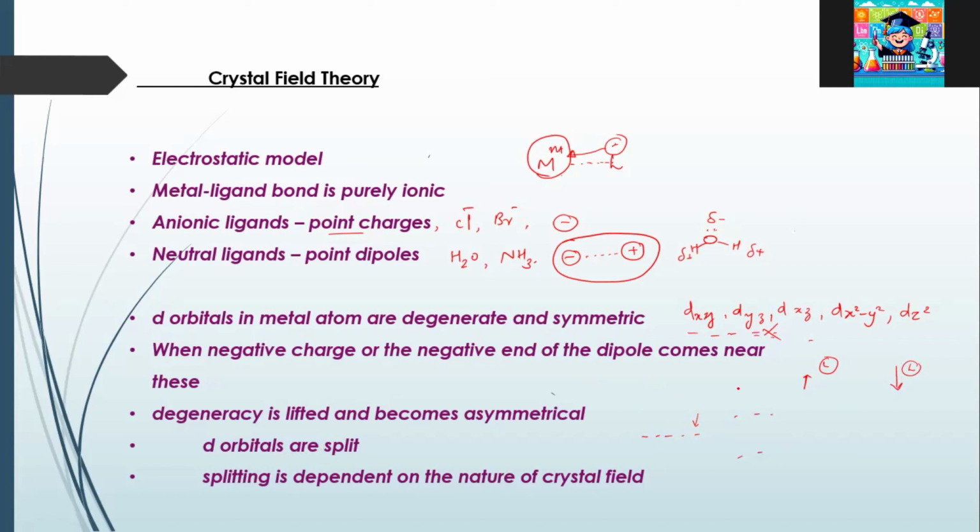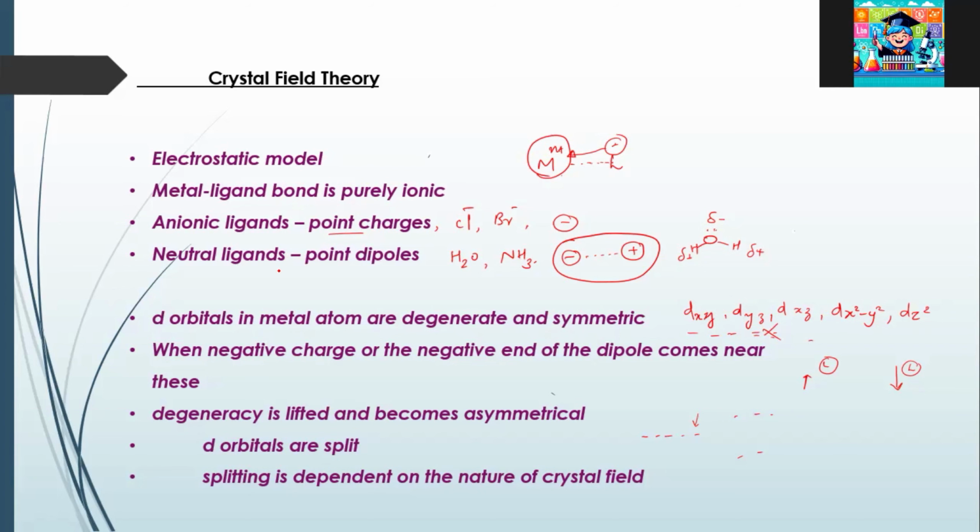And the splitting is dependent on the nature of the crystal field, or the geometry of the complex, or the hybridization adopted by the atomic orbitals. Okay, these are the main points to remember in crystal field theory. Now we will see how this energy splitting is happening.